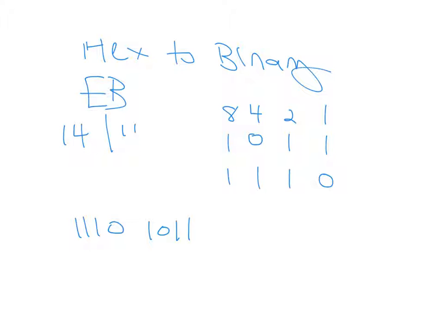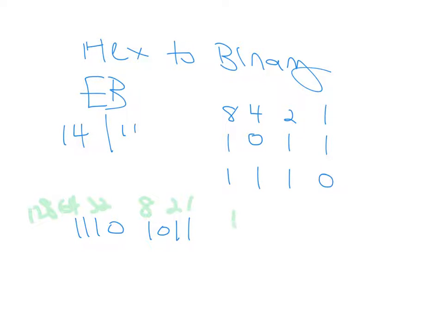So in this case, now that I have the binary, we can go full circle and see we have a 1 in the ones, a 1 in the twos, a 1 in the 8, 0 in the 16, a 1 in the 32, 1 in the 64, and 1 in the 128.